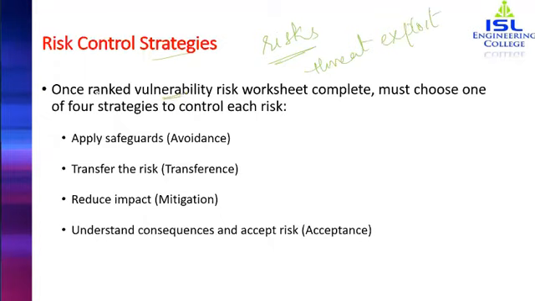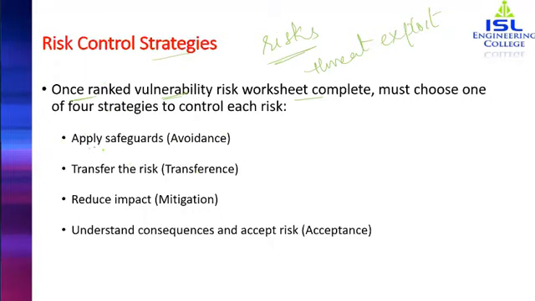Once the ranked vulnerability risk worksheet is complete, and you know all the different vulnerabilities, you are going to prioritize the ones that need utmost attention at the beginning, the assets that are very valuable and require protection. Based upon their ranking, you are going to select any of these four strategies to implement.